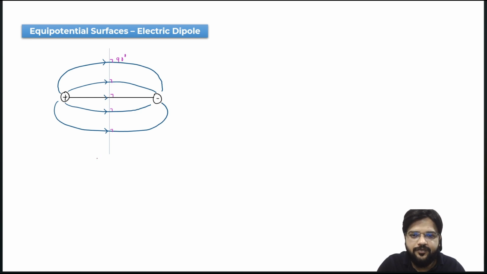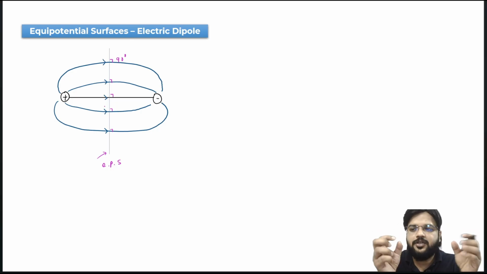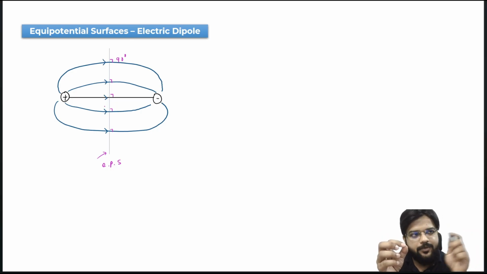This is the equipotential surface for the electric dipole, everyone. And this is a plane, correct? Because if it is a positive charge and this is a negative charge, we have electric field lines in all directions. And if you draw one perpendicular, here we are getting one plane, not a line, correct? So this is a plane, everyone.